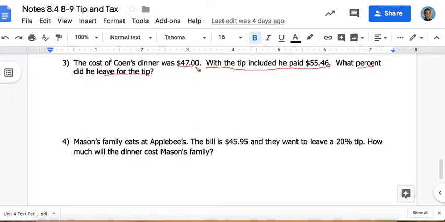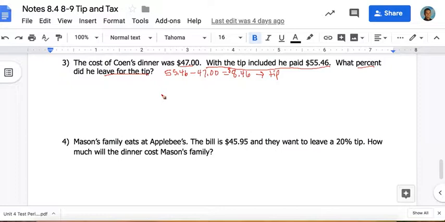Well, I have the cost of the dinner, but I don't know how much he tipped. So I can figure that out by taking the cost with the tip minus the cost of the dinner. So we're going to subtract 55.46 minus 47. And so now we get $8.46, and this represents the tip.